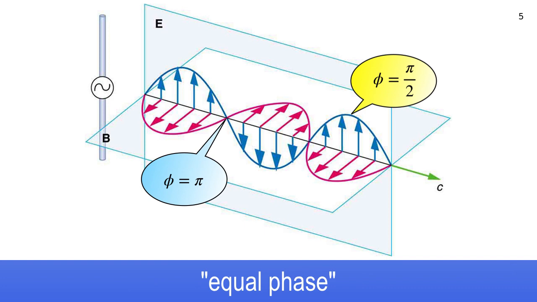Yes. So a full cycle would be, yeah, you're saying right here? Yeah, that would be 2 pi.